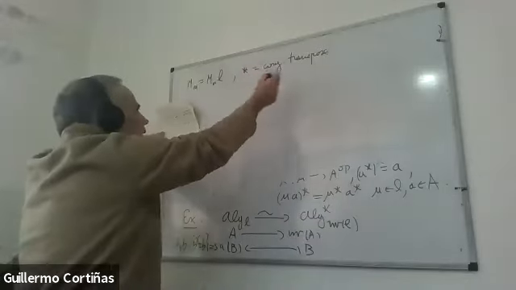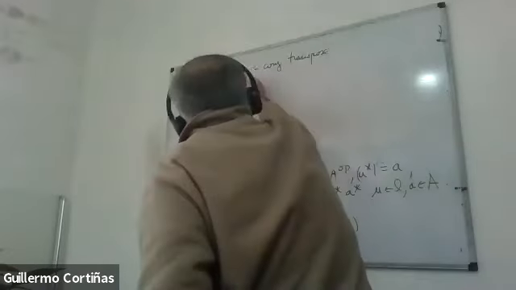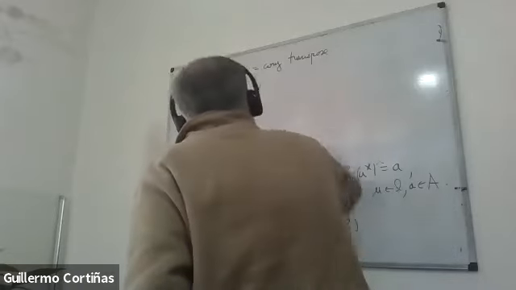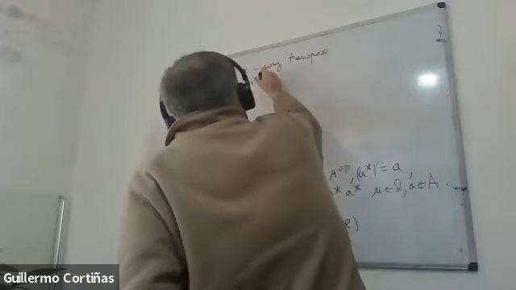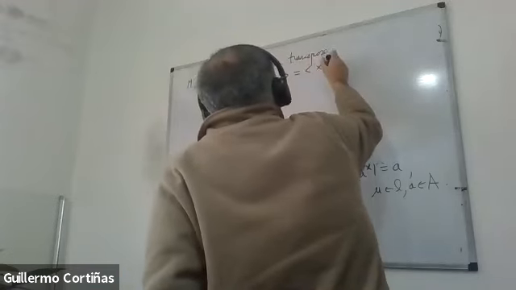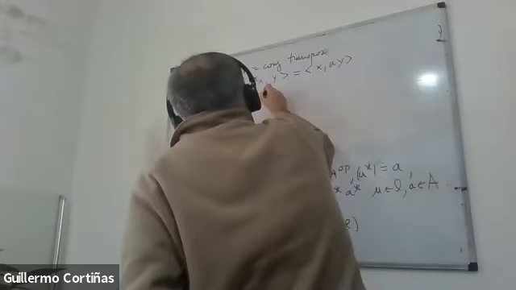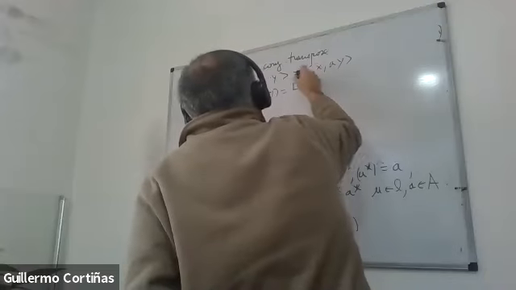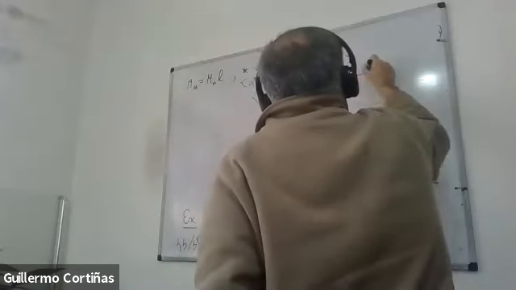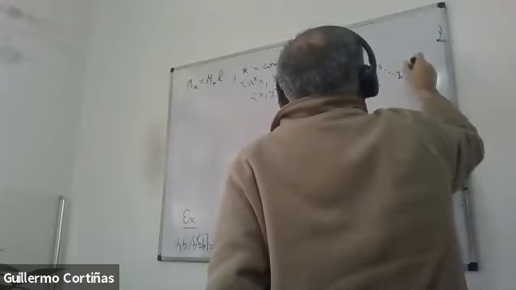This involution is the adjoint with respect to the canonical inner product, where this is x star y, or if you want x star identity matrix, and then y.